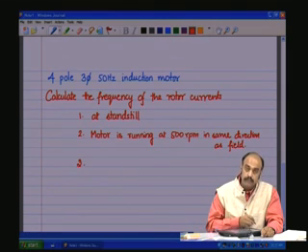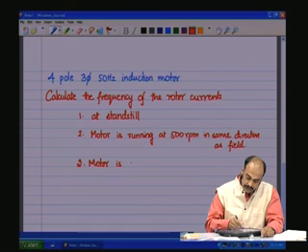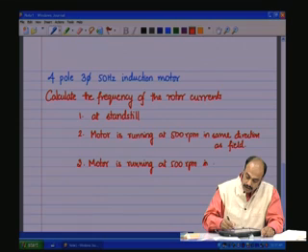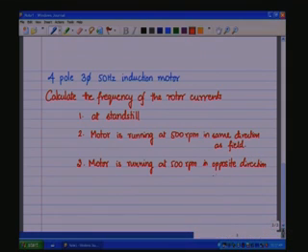Third, motor is running at 500 rpm, however in opposite direction as the field rotates.